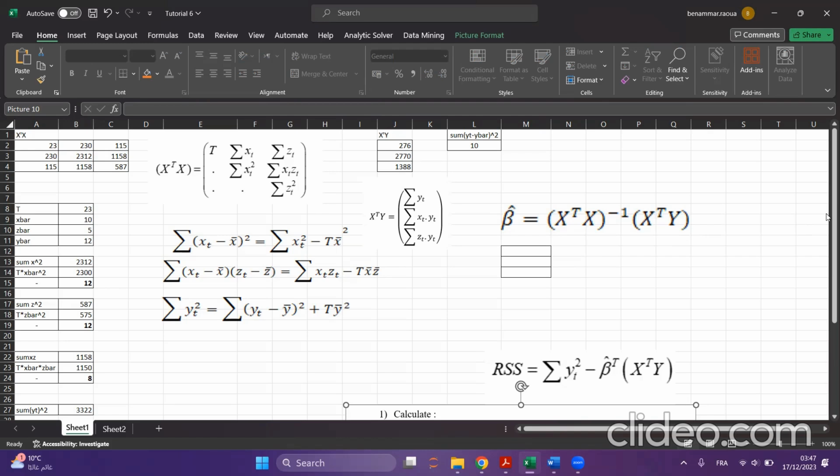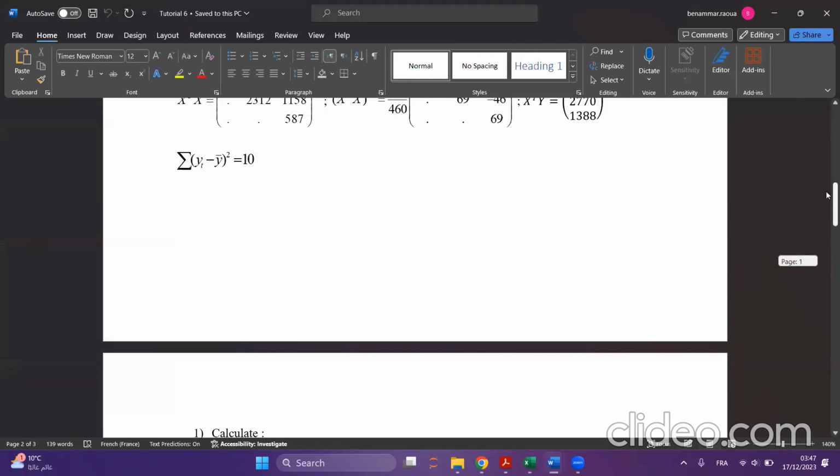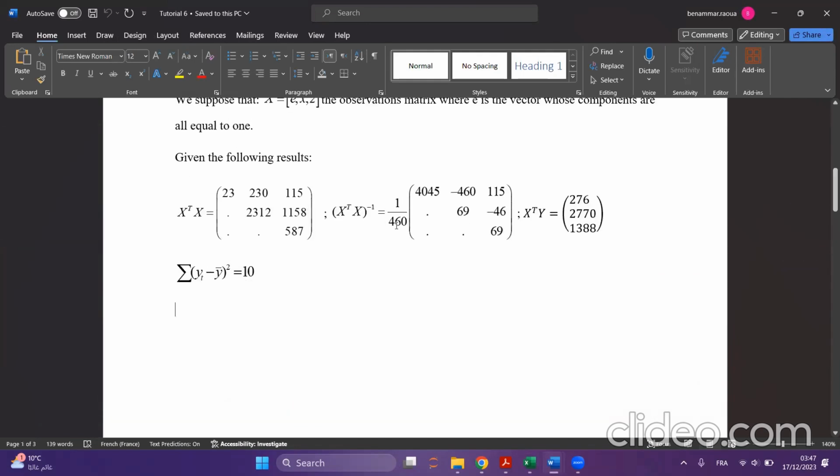So at the beginning of the exercise, we are given XTX inverse in this format, which is 1 over the determinant by the adjoint matrix. So to find XTX inverse, we have to divide each element by 460. And here we have to be very careful with rounding up or down. If we do rounding up, we're going to be finding very different results for the beta OLS estimates.